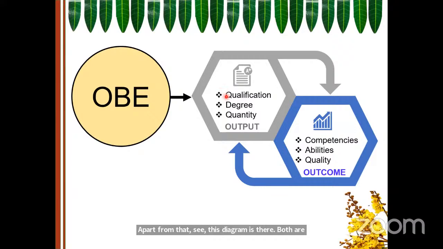It's not just the qualification from a degree or the quantity of knowledge, but more than quantity, we have to talk about the quality of knowledge. And more than the qualification and the degree, it's about the competencies and abilities of a learner. That is what skill-based education is, and that is what the NEP 2020 document also tells us.